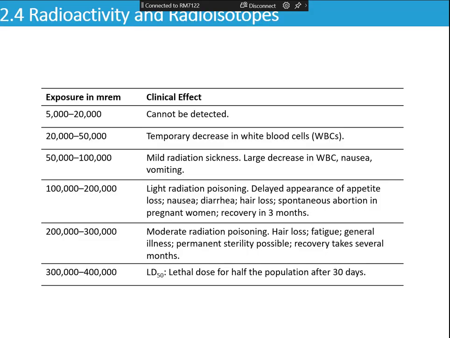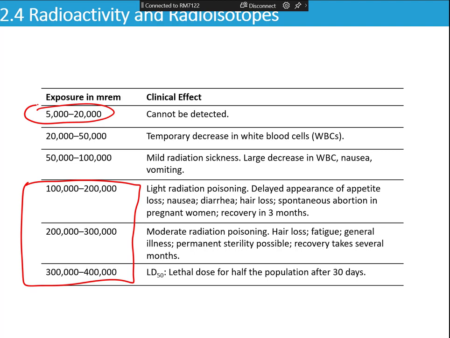Okay, so thinking about dosage, you really have to have a high exposure before you're going to start seeing major life-threatening effects from high ionizing radiation. Most people are exposed to 5,000 to 20,000 normally in their lifetime.